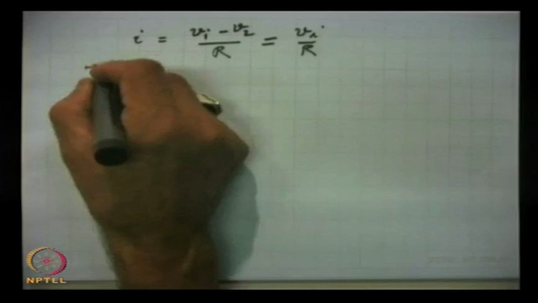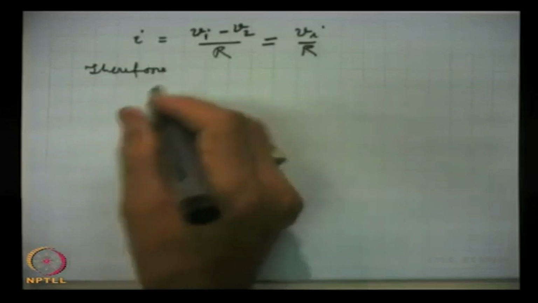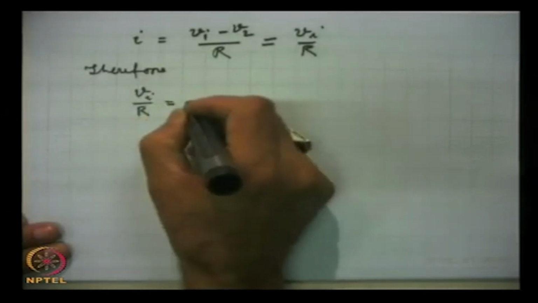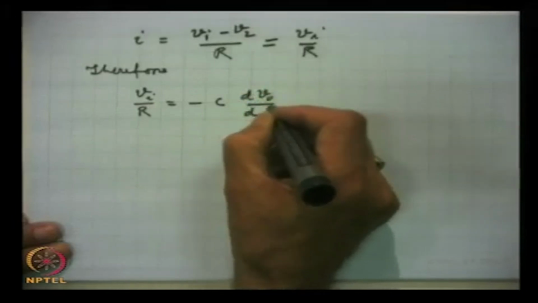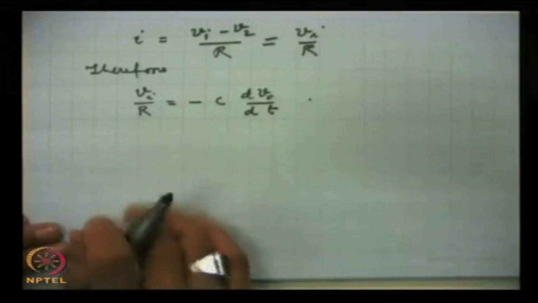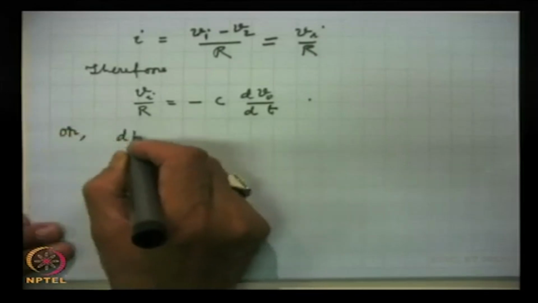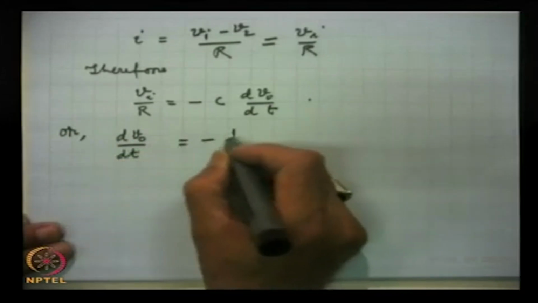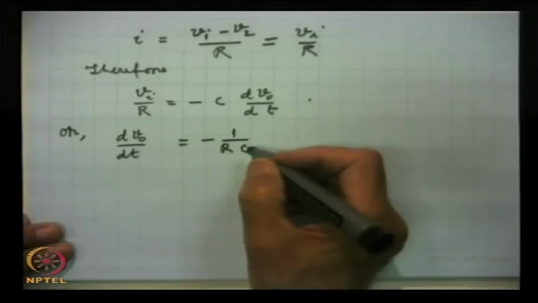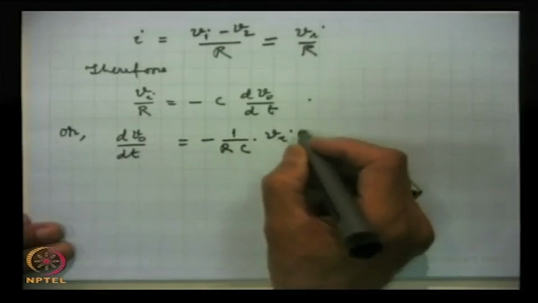Therefore we get Vi by R, the current, is equal to minus C into dV0 by dt, or from here we can write dV0 by dt is equal to minus 1 by RC into Vi.